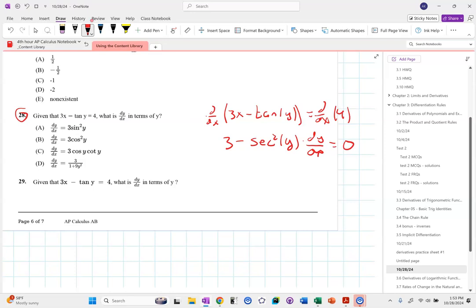Is that right? Derivative of tangent is secant squared. Okay. Now we just have to get the dy dx by itself.